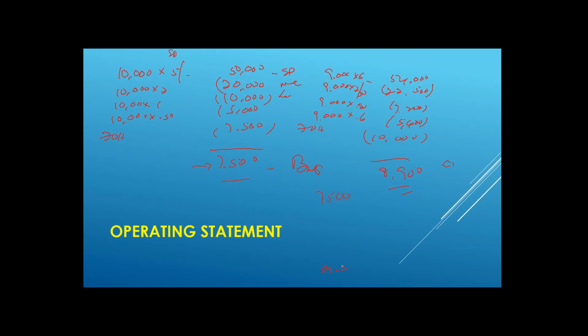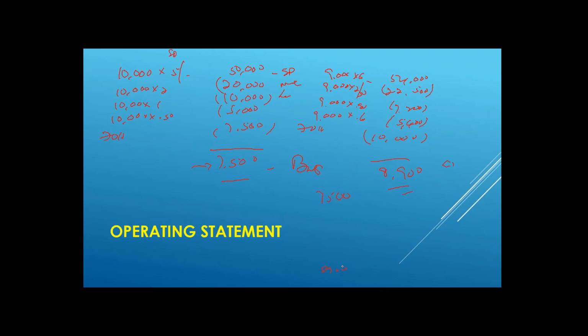So you can tell how the 7,500 became 8,900. So you work out all the variances, and through the variances you come to tell what is the variance that ultimately they had.